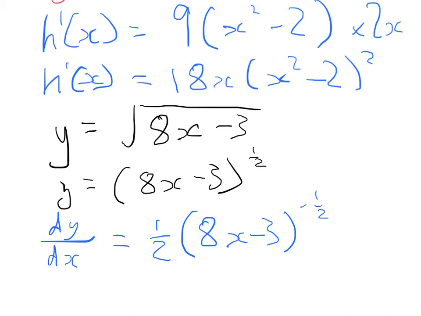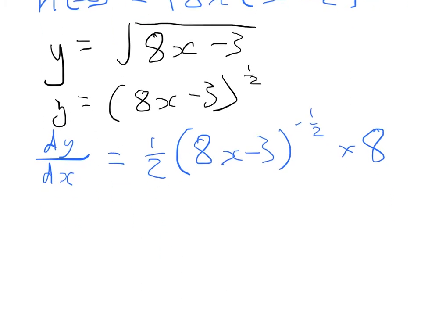Then we have to deal with the 8x minus 3, so we differentiate that to get us an 8. Now it's just a case of simplifying that. Well, the 8 over a half, 8 over 2, is going to become 4 over the square root of 8x minus 3.